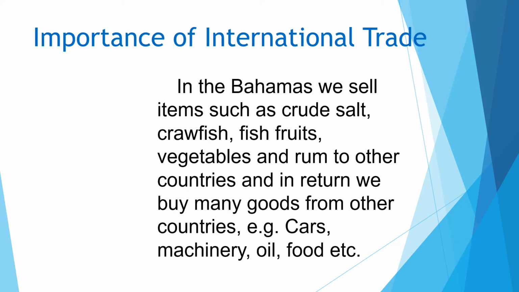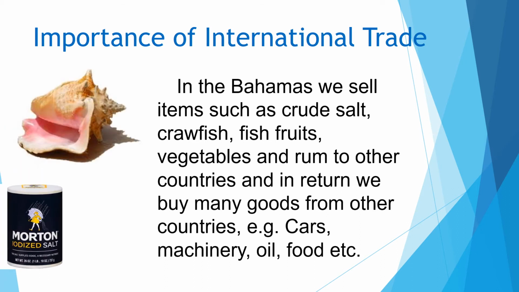In the Bahamas, we sell items such as crude salt, crawfish, fish, fruits, vegetables, and rum to other countries. And in return, we buy many goods from other countries: cars, food, oil, machineries, etc.